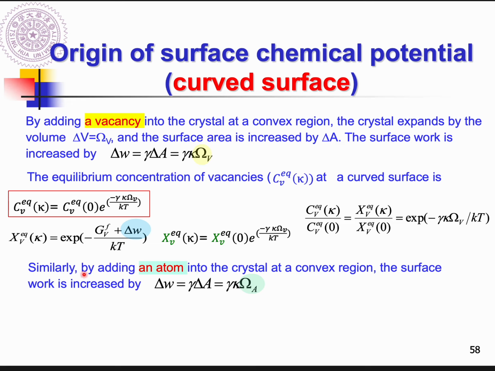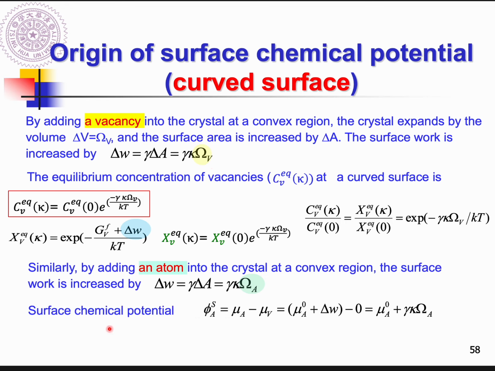So how about if we add an atom in the crystal, and how do we modify the potential part? So the extra work can also be expressed like this, and we use omega A, the average atomic volume, to substitute omega V. But if we talk about the same material, omega A actually equals omega V, right?